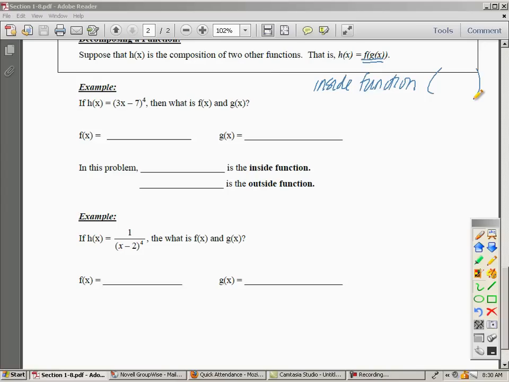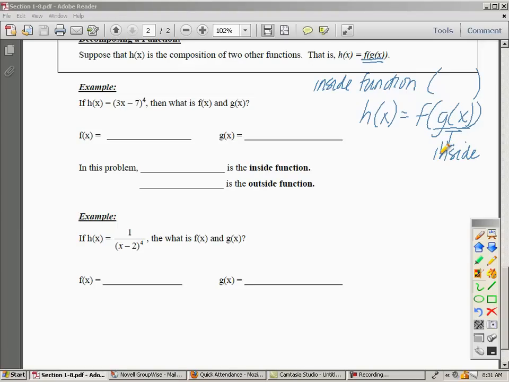That's the easiest way to look at it. So the inside function is always in parentheses. We always consider h to be putting g into f. So g is always going to be our inside function.